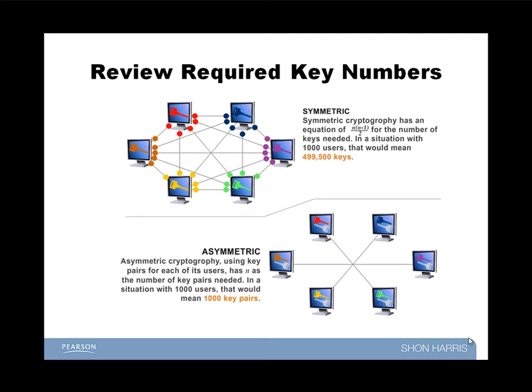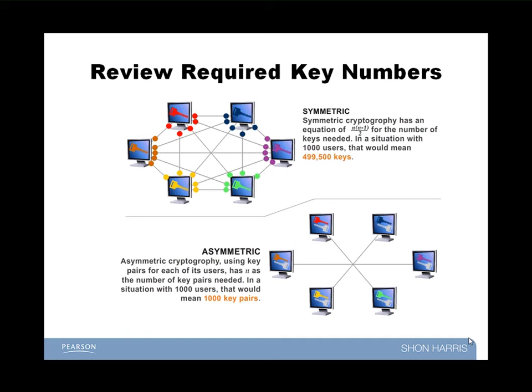How many keys do we actually need? So here we show that asymmetric cryptography uses key pairs. So remember, a pair is 2. If we have n number of users, we have n number of key pairs. So if we have 1,000 users, we just have 1,000 key pairs. Each person has to have their own key pair.